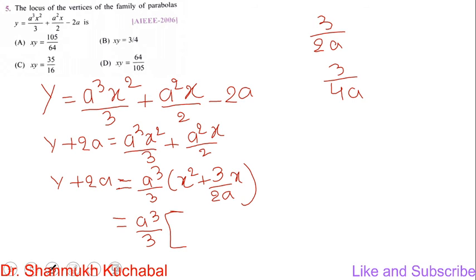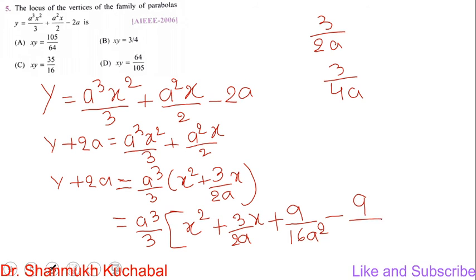So we get x square plus 3 by 2a into x, plus 9 by 16 a square, and to balance it we subtract 9 divided by 16 a square.